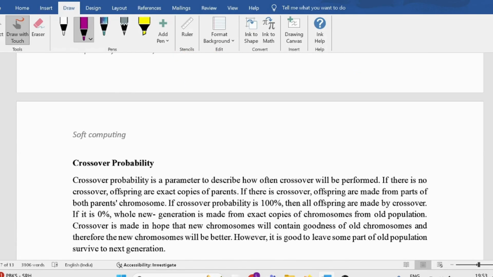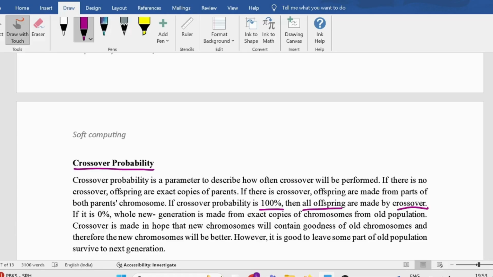Then there is another term called crossover probability. Crossover probability tells us what percentage of the offsprings will actually be generated by crossover. If I say that the probability is 100%, it means all the offsprings are made by crossover.